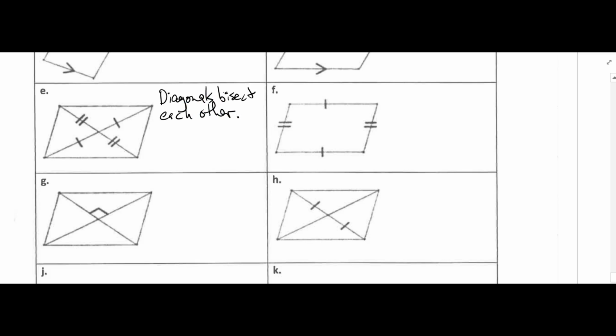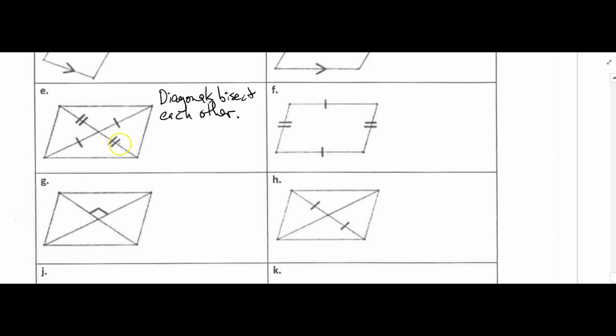Since the diagonals have different tick marks on their halves, we know that the diagonals are not congruent. So since the diagonals are not congruent, we know it's not going to be a rectangle, and we know it's not going to be a square. And since the different pieces of them are not congruent, we know it's not going to be a rectangle again.